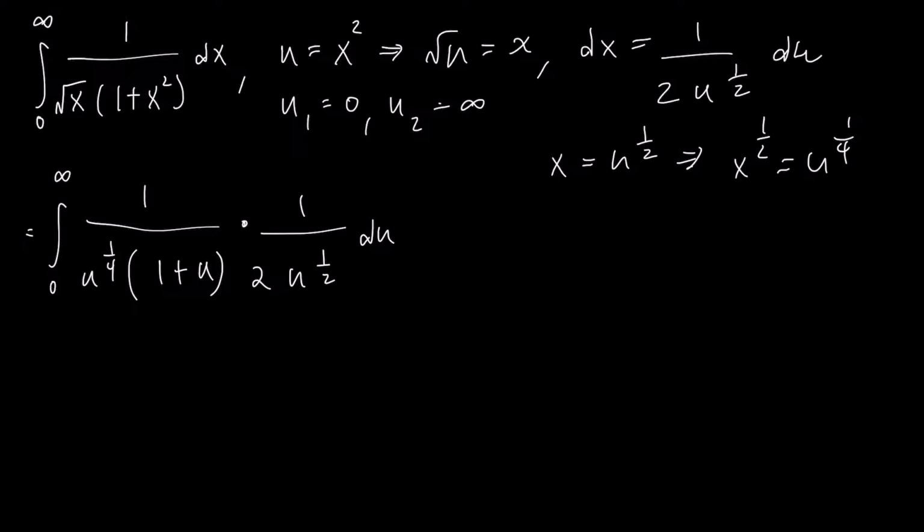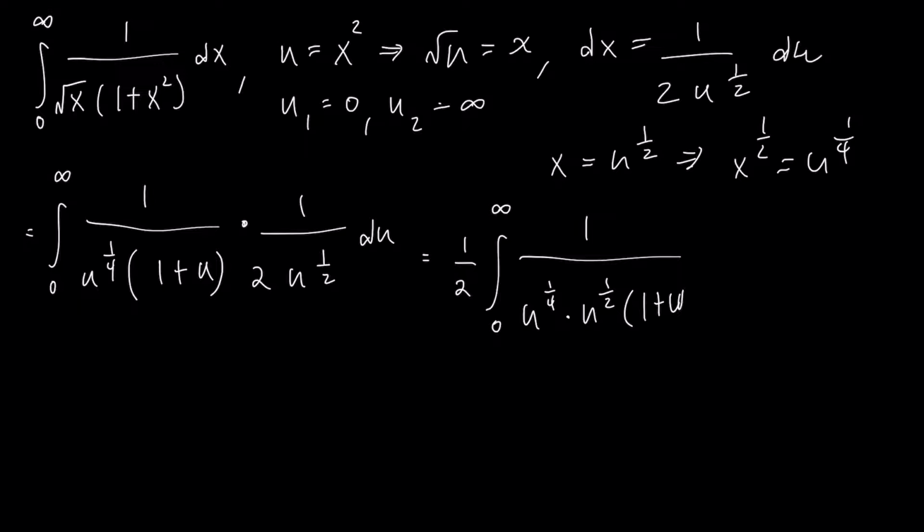If I bring down the 1/2, this is equal to 1/2 the integral from 0 to infinity of 1 over u to the 1/4 times u to the 1/2 times 1 plus u du.